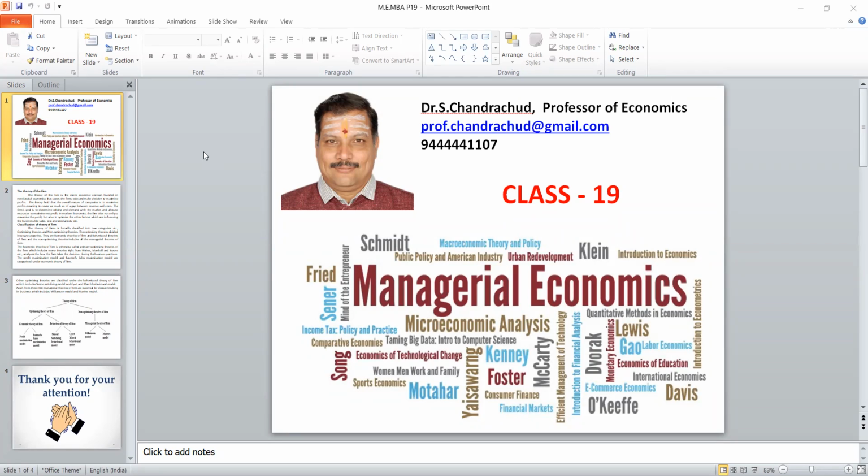Optimizing means either we have to maximize or minimize. Maximize means how we have to maximize the profit, the sales, the labor productivity, the production capacity. So these are all the maximization side. Then what will be the minimization side?